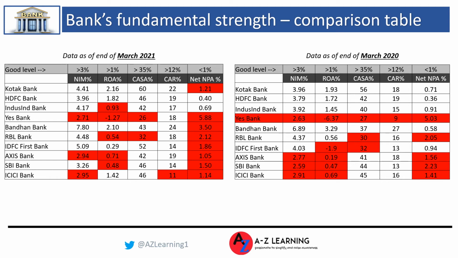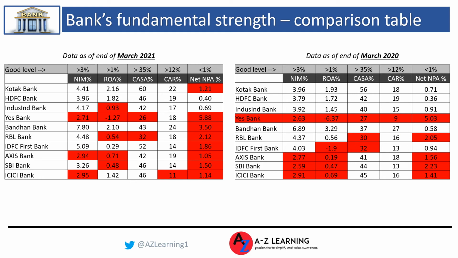Then the banks where we have three red flags. Those banks are RBL Bank. RBL has a red flag on return on asset, which should be more than 1%. They have only 0.54. CASA ratio of 35% is considered good; they have only 32.